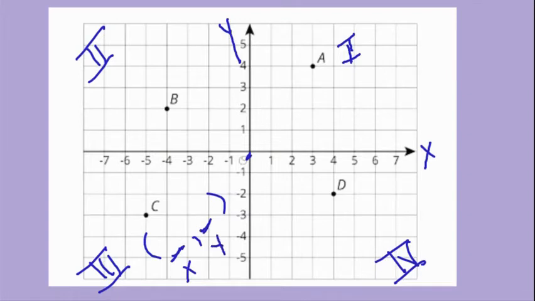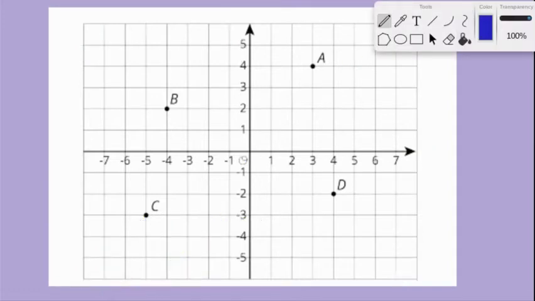So for point C, I'm going to go to my x-axis, and I see that it's at -5. And then for my y-axis, I go over to the vertical, and I see that it's at -3. So point C is at (-5, -3).